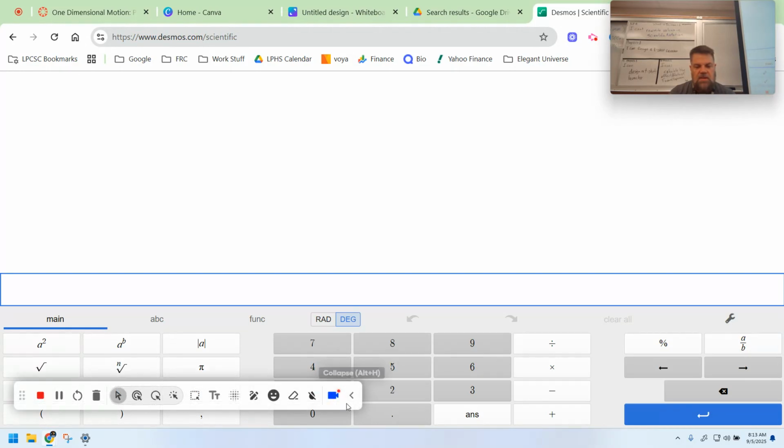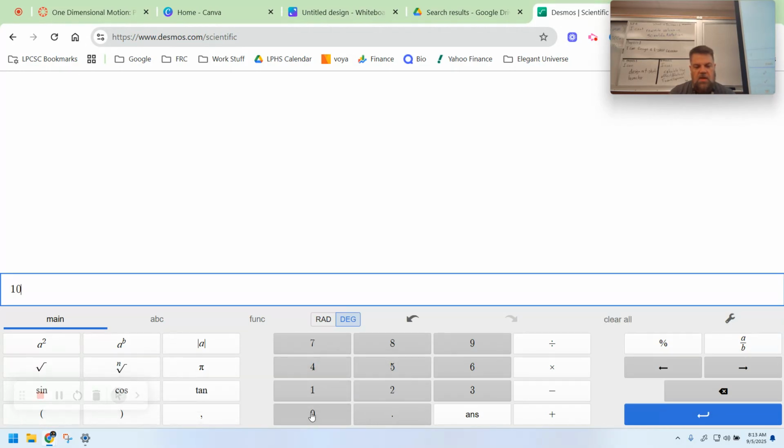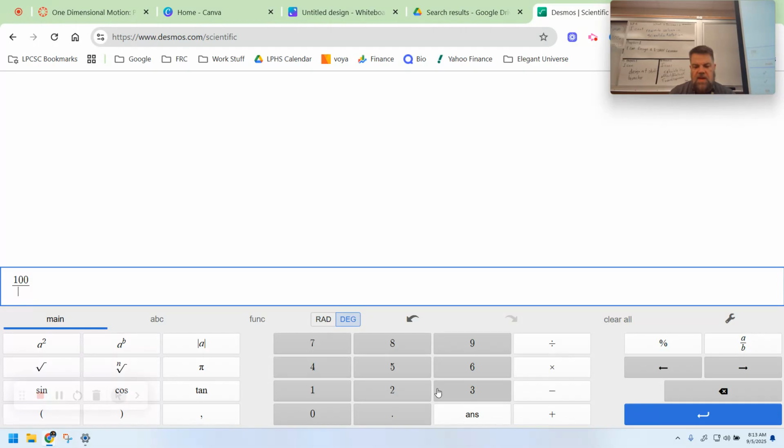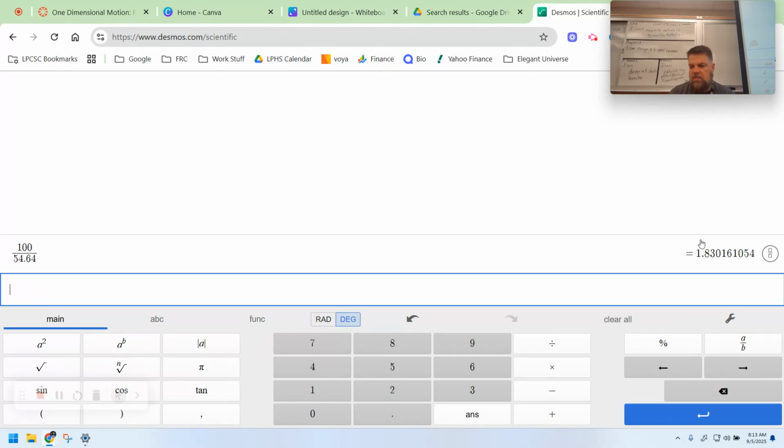So I literally have 100 divided by 54.64, right? Let me see if it specifies some sort of tolerance.